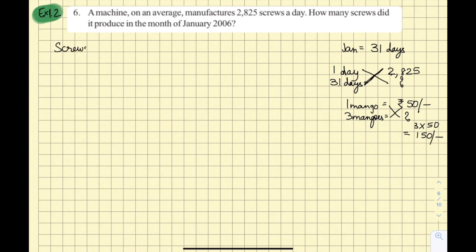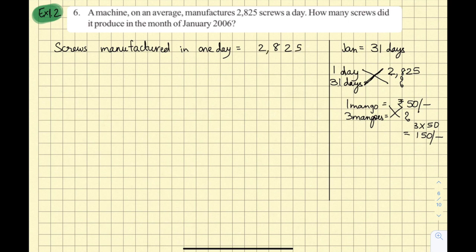Screws manufactured, means they are produced in one day. This was just a rough column, we draw one line, is equal to 2825.